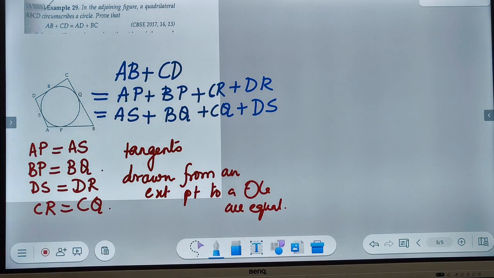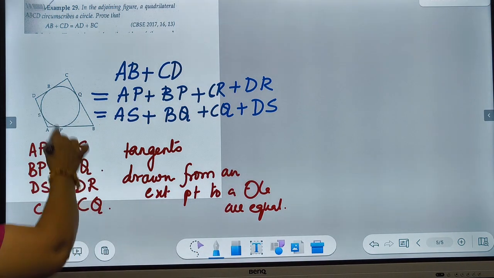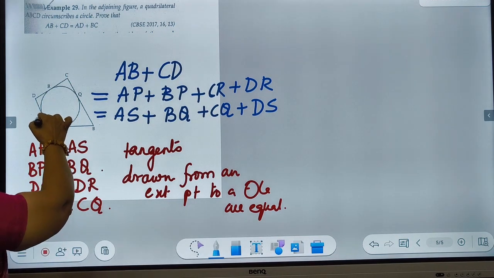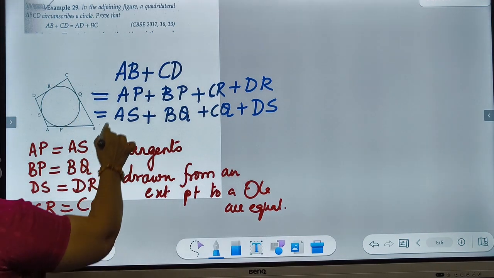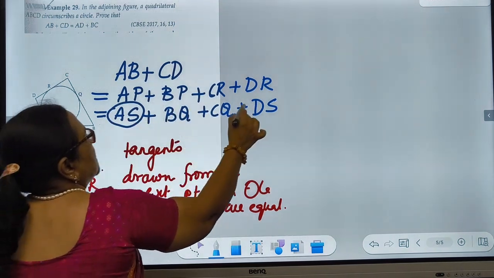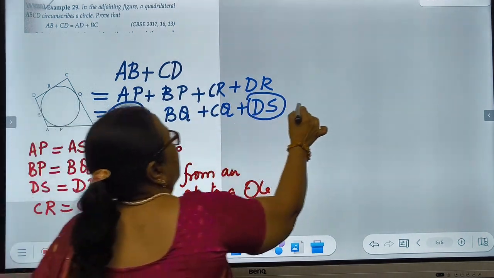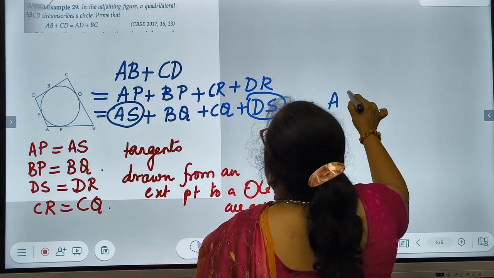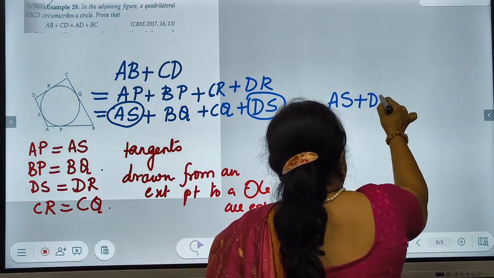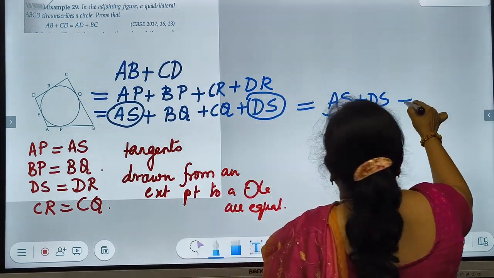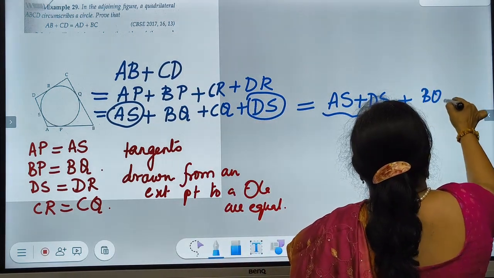Now what is it that we need to prove? We have to prove AD plus BC. For example, AD is AS plus DS. So AS plus DS, I will combine. So this is equal to AS plus DS plus BQ plus CQ.